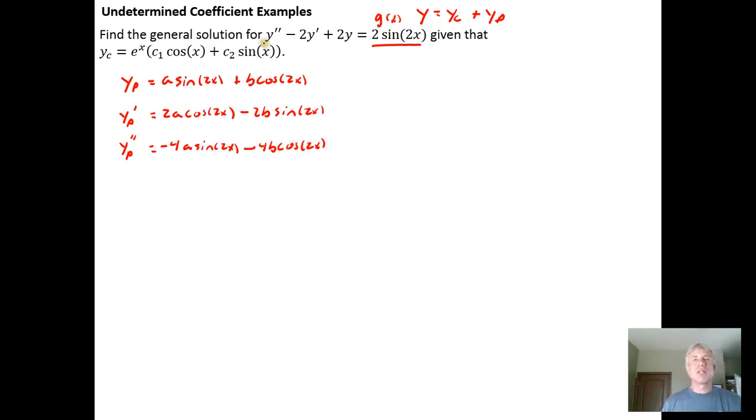Now the idea is we need to plug the guessed solution and its first and second derivative into our differential equation.